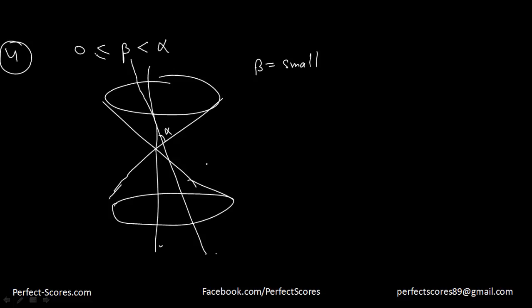In that case I'll be missing the left side altogether, and I'll actually get two different cuts. I'll make a cut on the bottom side as well. So I'll get something like this, and something like this. So this section that I'm going to get is known as a hyperbola, right?